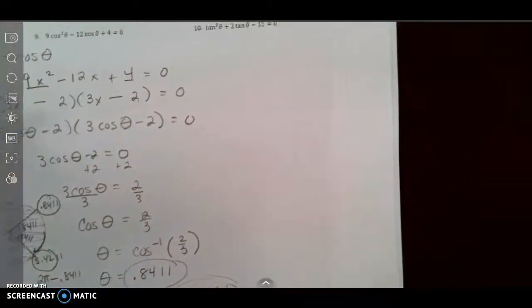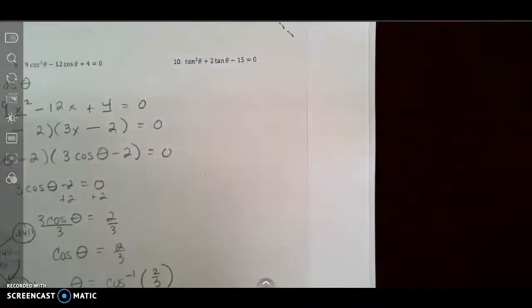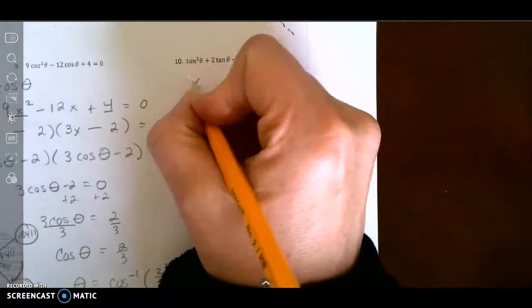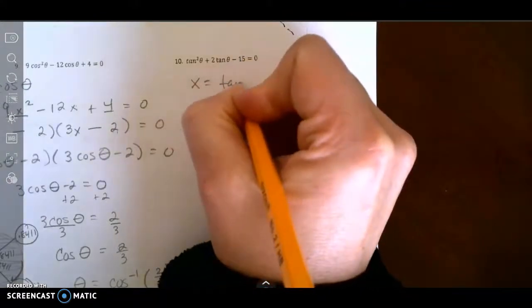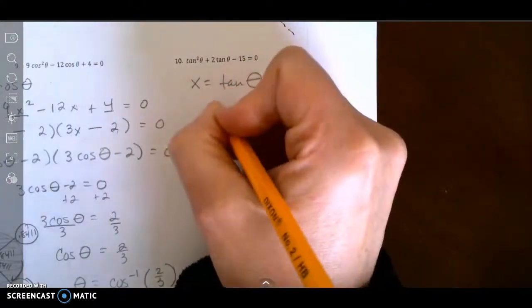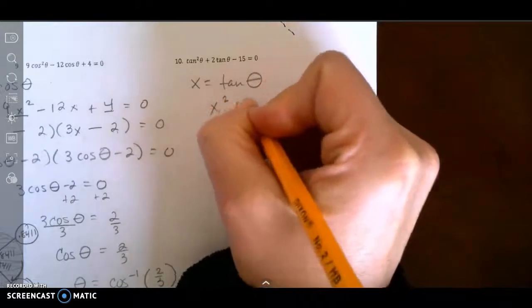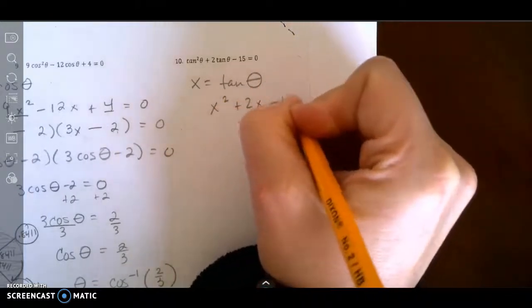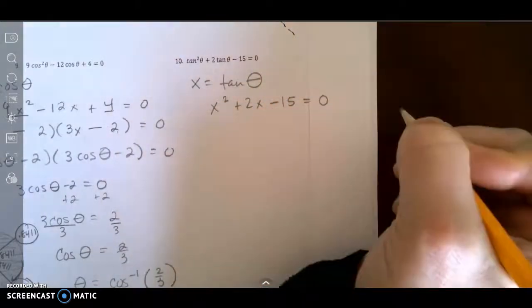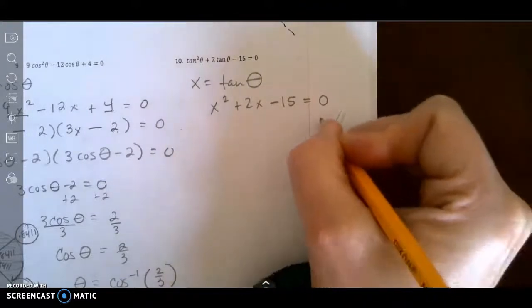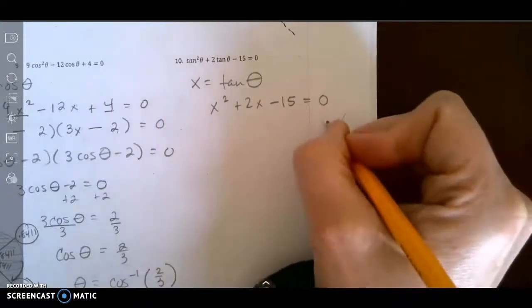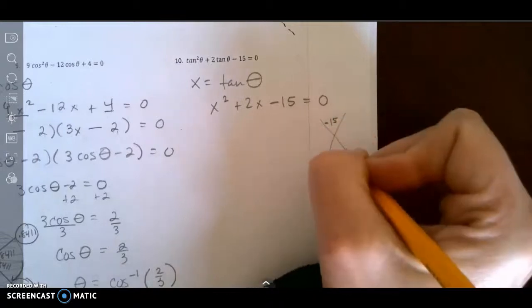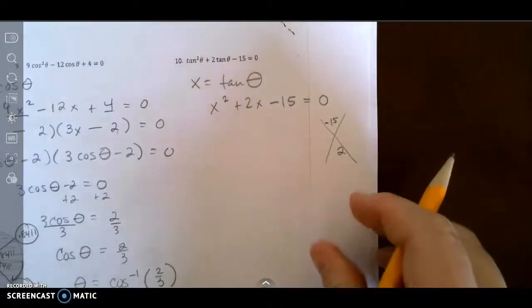Right, let's look at number 10. I'm going to have to factor this one as well. I'm going to start off by letting x equal the tangent of theta, and I'll have x squared plus 2x minus 15 equals 0. When I go to factor this, I need to think of my factors of -15 that add to 2.